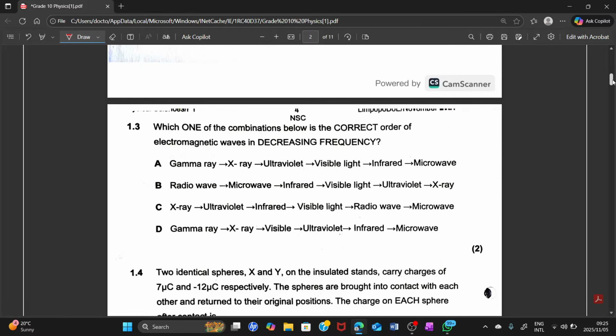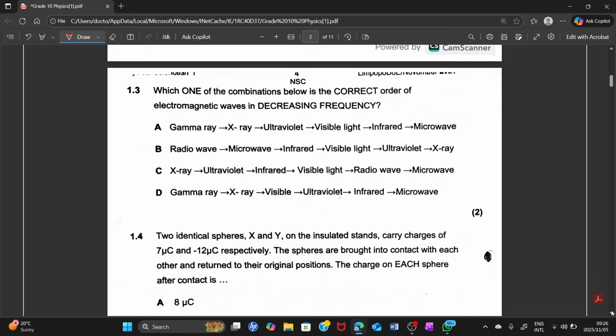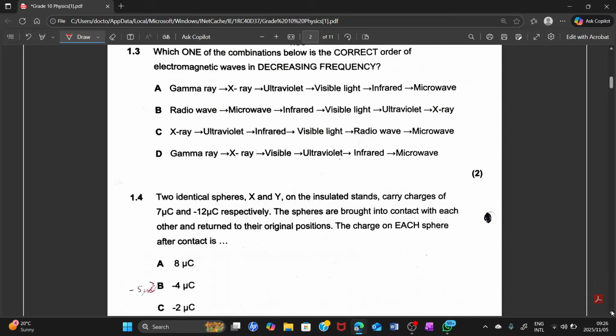1.3. Which one of the combinations below is in the correct order of electromagnetic waves in decreasing frequency? Let's look at this one. The first one: gamma ray, X-ray, ultraviolet, visible, infrared, microwave.